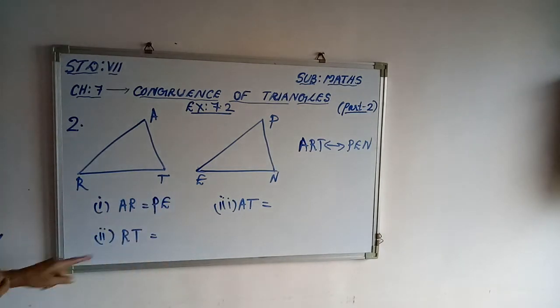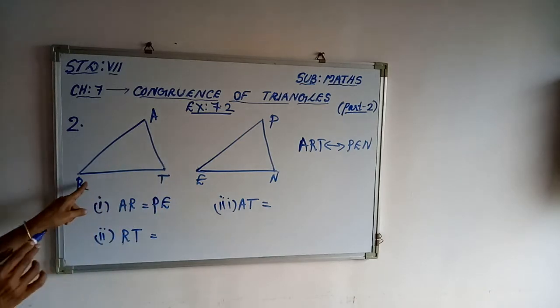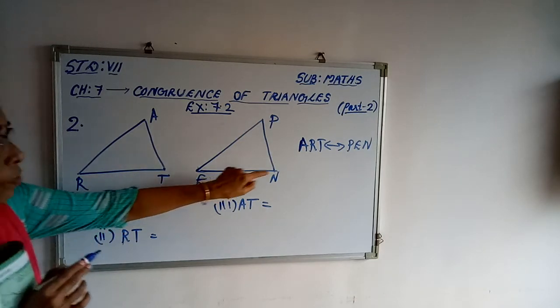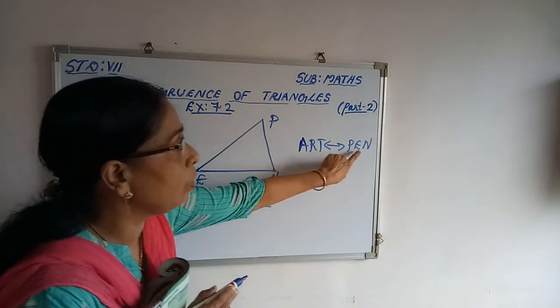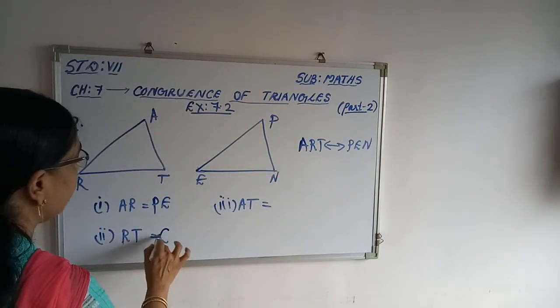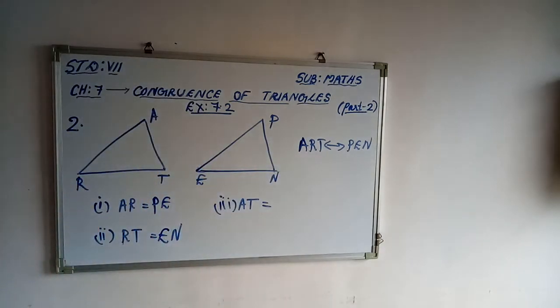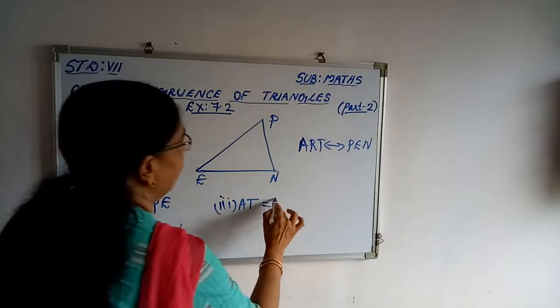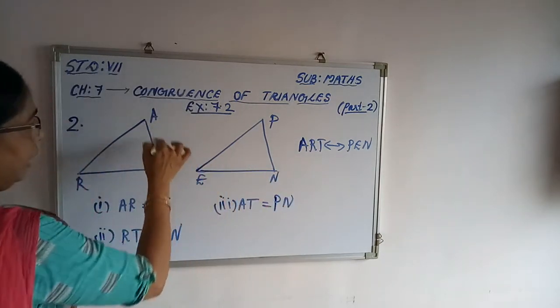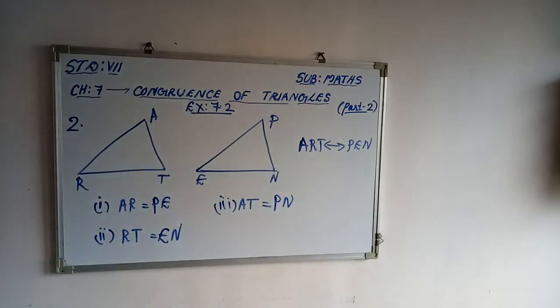Then the second one, tell me RT. What is RT? RT will be equal to EN. From here it is clear. RT will be equal to EN. And the third one, AT will be equal to PN. That is AT equal to PN. These are the three sides which have to be equal using the SSS Congruence Criterion.